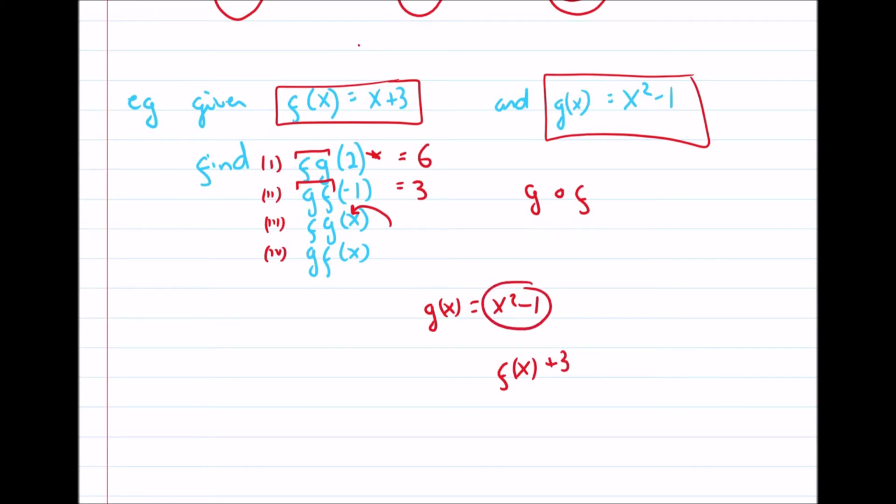Whatever we have here, we'll put it in for that. So it'll be x squared minus 1 plus 3, which will give us x squared plus 2. Okay, so that's that one. And I'll let you do this one yourself, so if you want to pause and do that.